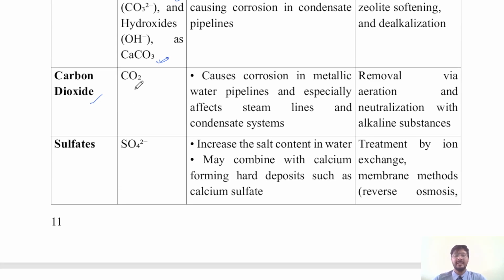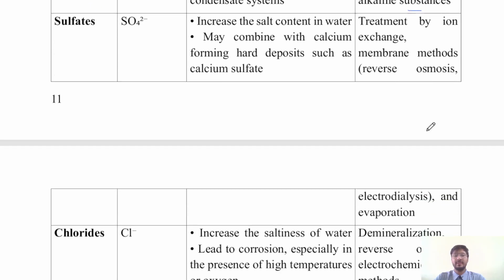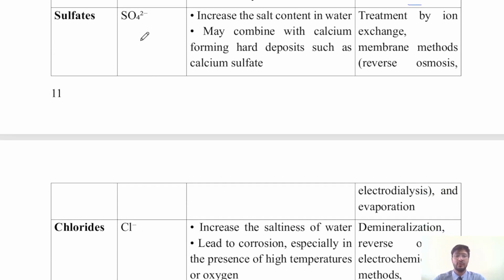And carbon dioxide, that is CO2, can cause corrosion in metallic water pipelines and especially affects steam lines and condensate systems. It can be removed via aeration and neutralization with alkaline substances. And another is sulfates, SO4 minus minus. It increases the salt content in water and may combine with calcium, forming hard deposits such as calcium sulfate.